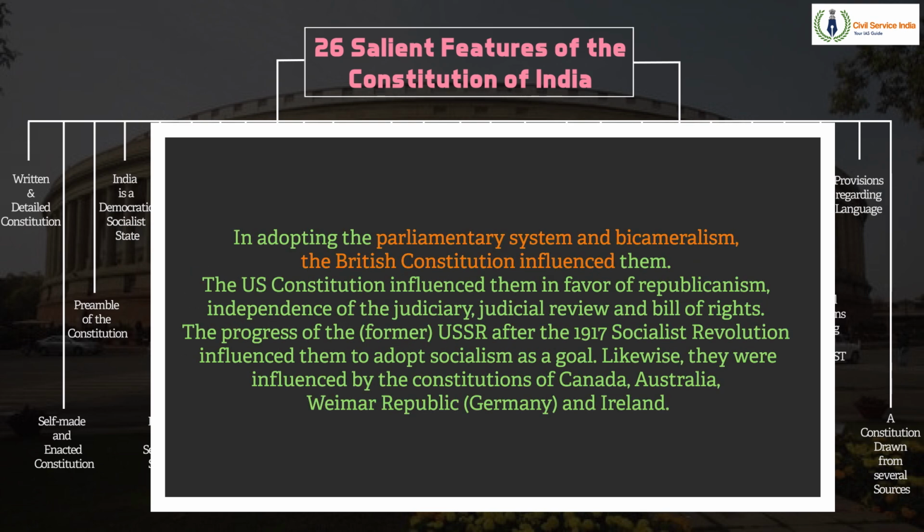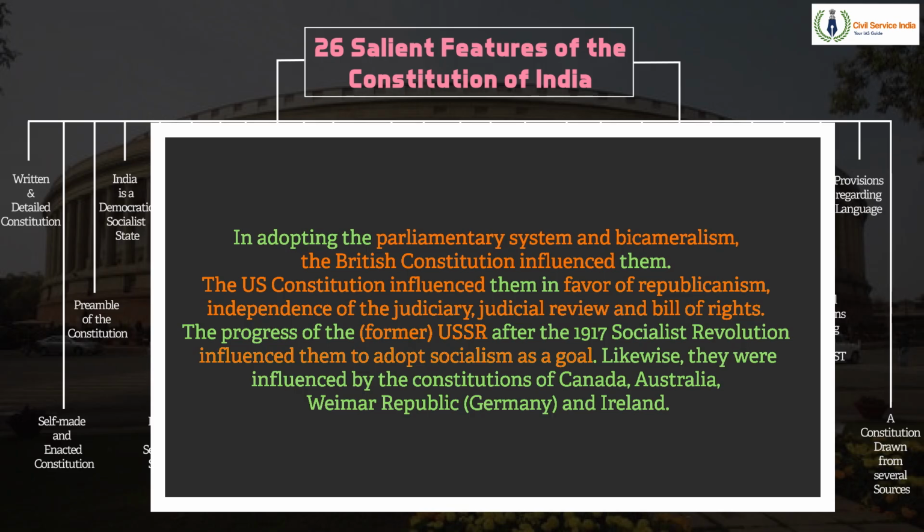In adopting the parliamentary system and bicameralism, the British Constitution influenced them. The US Constitution influenced them in favor of republicanism, independence of the judiciary, judicial review and Bill of Rights. The progress of the former USSR after the 1917 Socialist Revolution influenced them to adopt socialism as a goal.